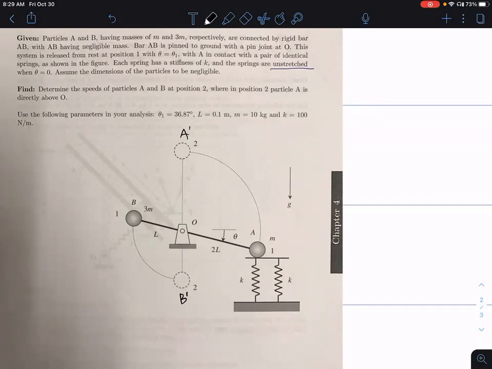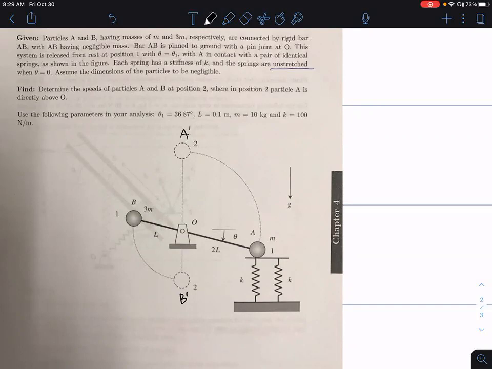You're going to have a reaction force at point O. And also we have a spring. That spring is compressed at position 1, which means there's a spring force going up, acting on particle A. So at position 1 in your free body diagram, you will have a spring force. But what is happening at position 2? Nothing is in contact with the spring, so there's no spring force.